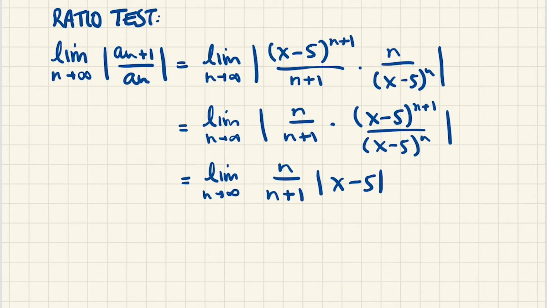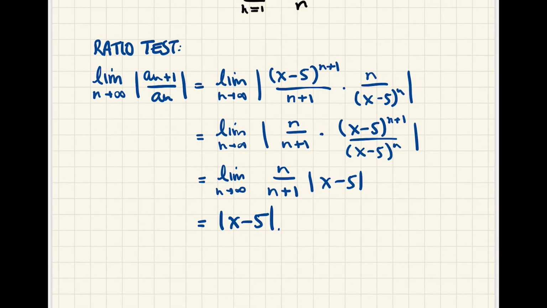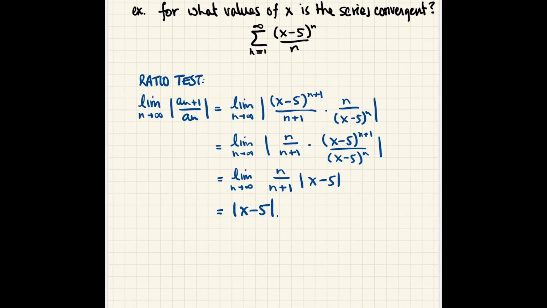All right, the limit is of n, remember, not of x, so only this part right here contributes to the actual limit being evaluated, and this is going to give us 1 times the absolute value of x minus 5. All right, so this is what we get doing the limit evaluation in the ratio test.